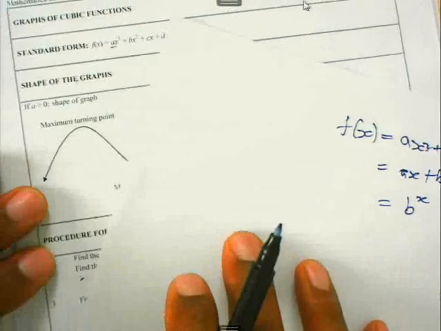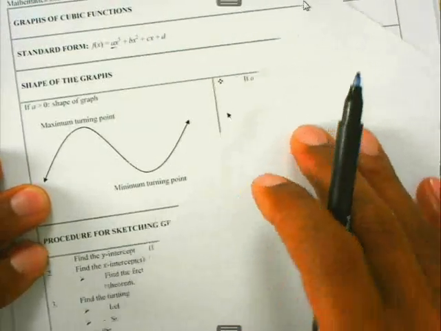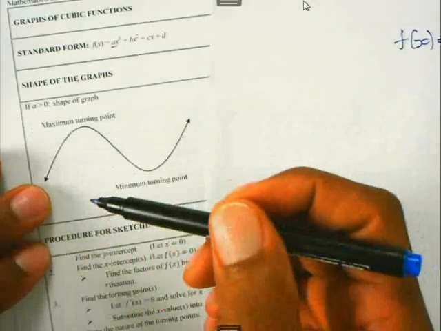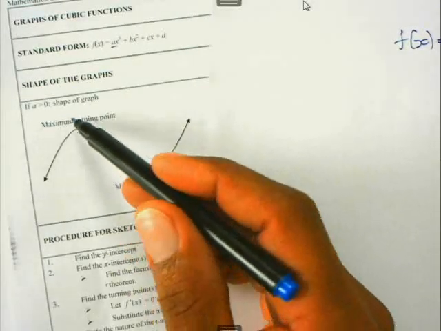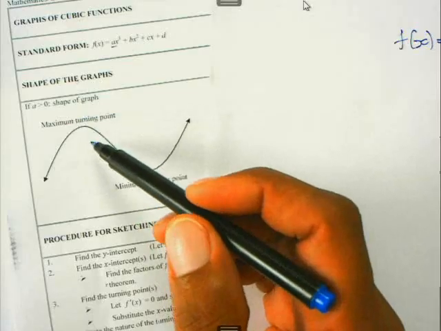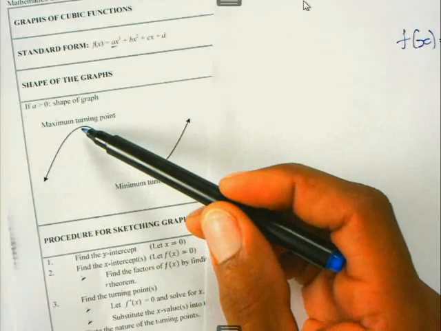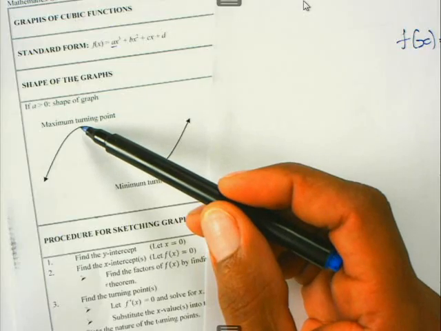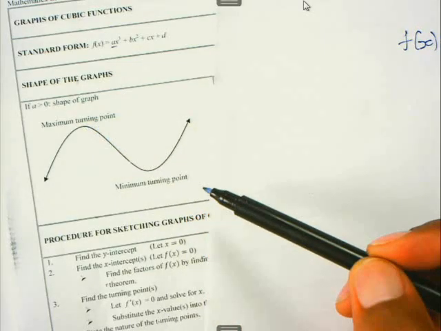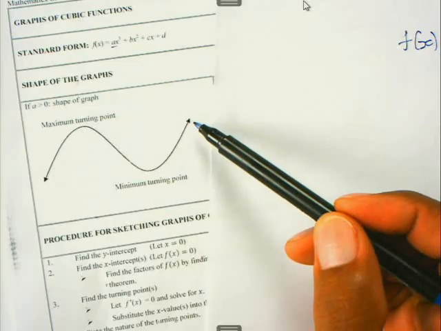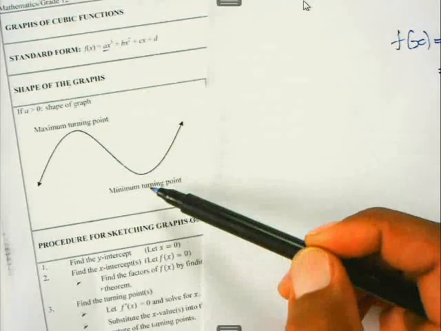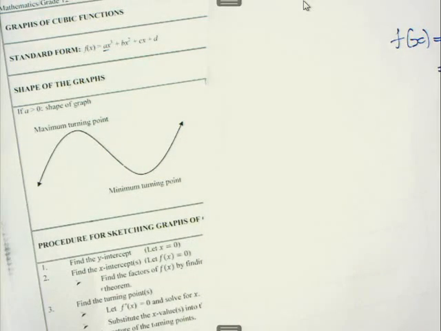Right, let us look at this side here, where a is greater than 0. Then you can see that if a is greater than 0, the shape looks exactly like this one here. It means the function will increase first, and then we have the maximum turning point, and thereafter the function decreases and then increases. Immediately when it decreases and increases, then we'll have the minimum turning point.